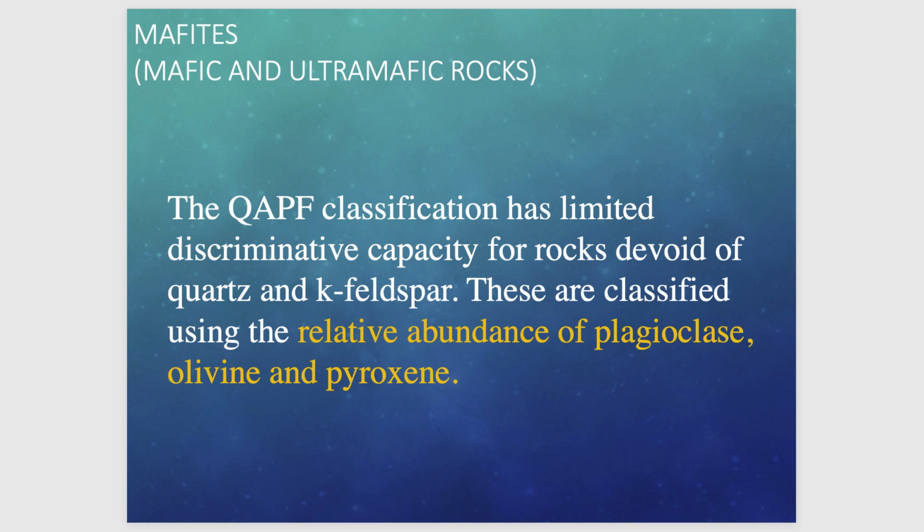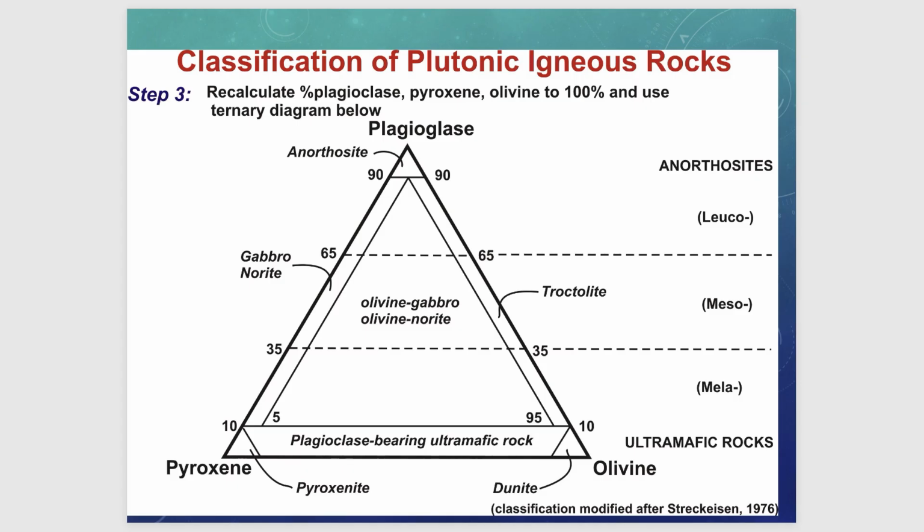Because of that, we have a separate ternary diagram that is essentially evaluating the relative abundances of plagioclase, olivine, and pyroxene. So you need to look at the mineralogy of your rocks for their classification, since an ultramafic rock is dominated by these 3 minerals. It makes sense to use modal proportions for these 3.